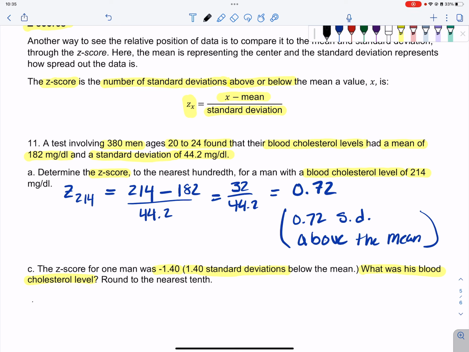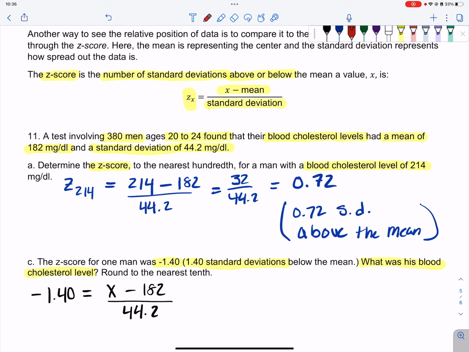So we know that negative 1.40 is equal to x minus our mean, well, our mean is still 182, over our standard deviation, which is 44.2. And now we can work to solve this equation for x, our data value for this man.